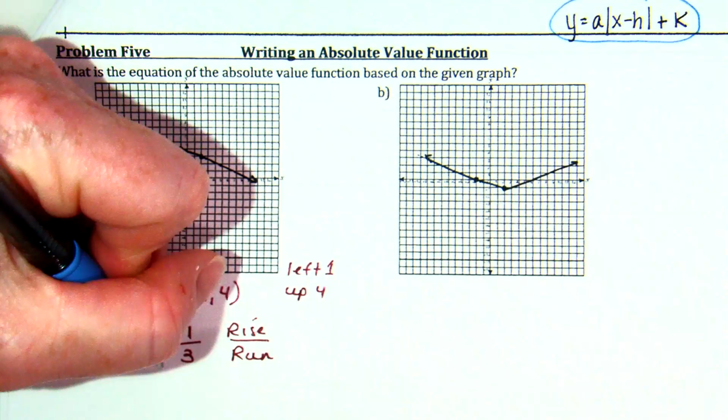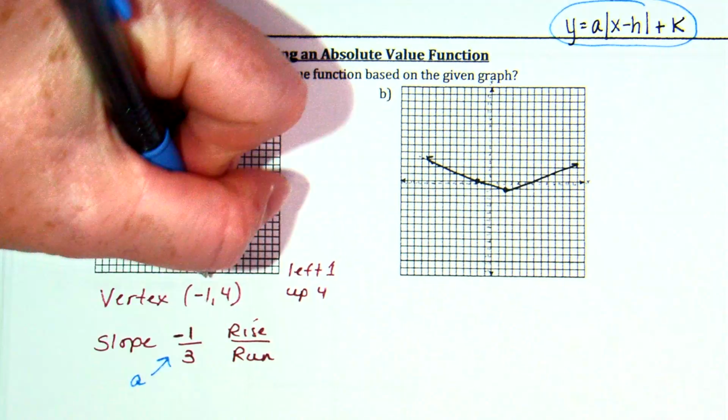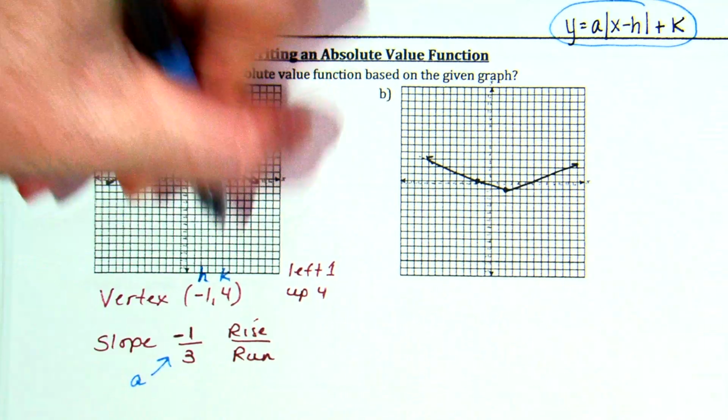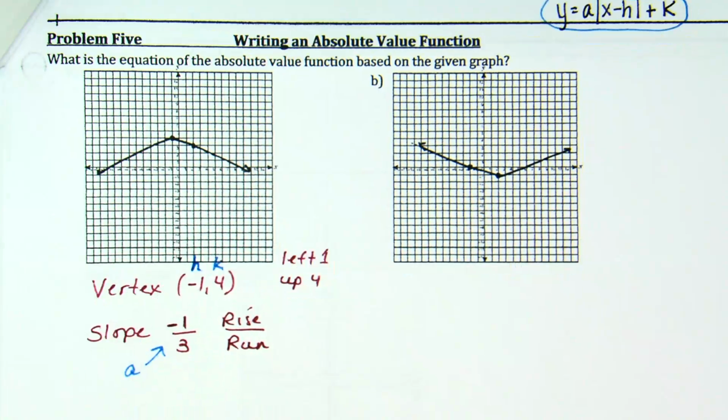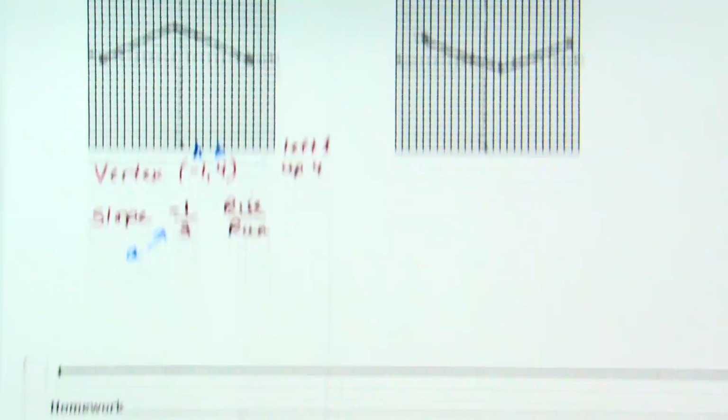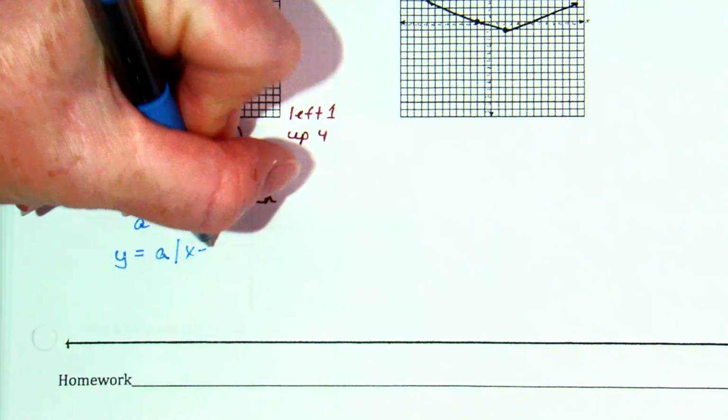What were my H and K? H and K was the vertex, right? The negative 1 and the 4. Okay, you ready to write the equation? We're filling in the form y equals A times absolute value of x minus h, plus k.